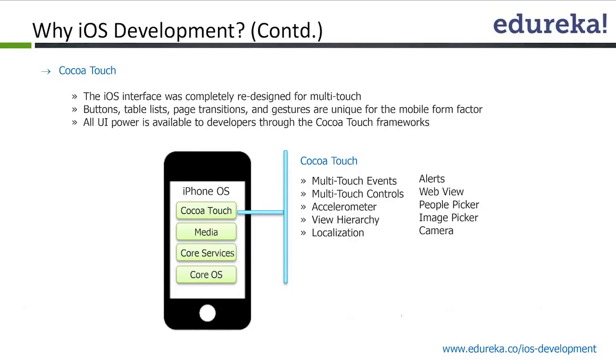You can have multi-touch events, multi-touch controls, alerts, web view, camera, or localization. All the graphics, animations, and page transitions, you will be able to do with Cocoa Touch frameworks.